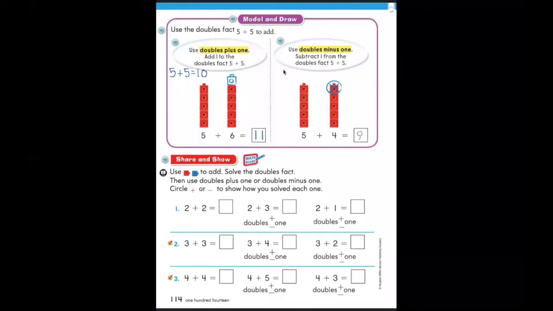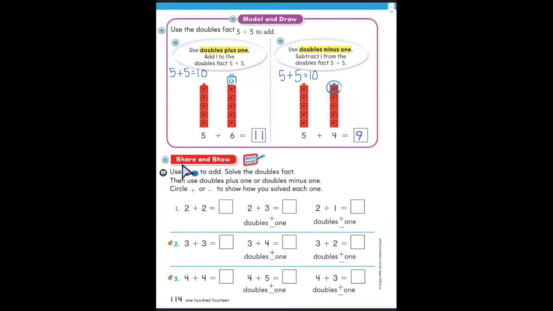Let's write that down. 5 plus 5 equals 10. Now that we have 5 plus 5 equals 10, we just need to subtract 1. 10 minus 1 is 9.